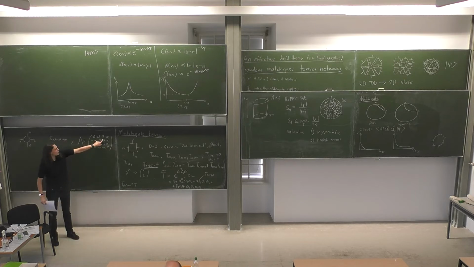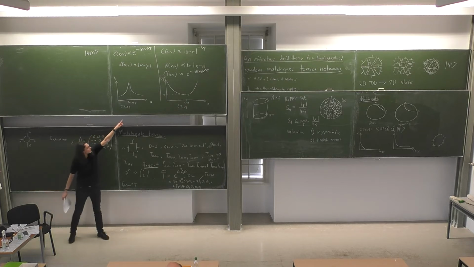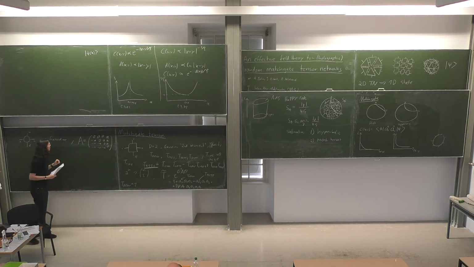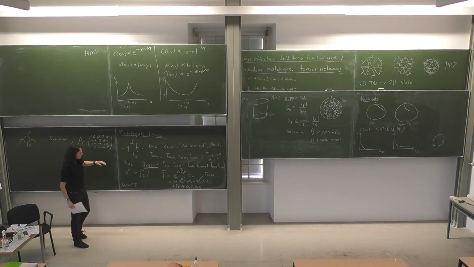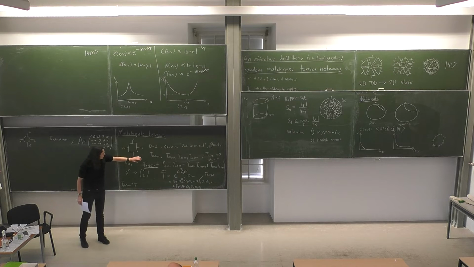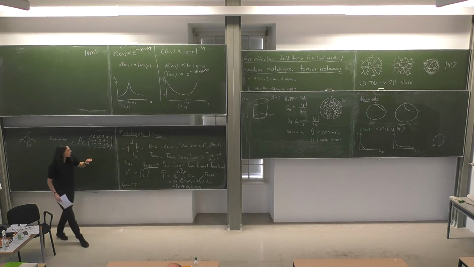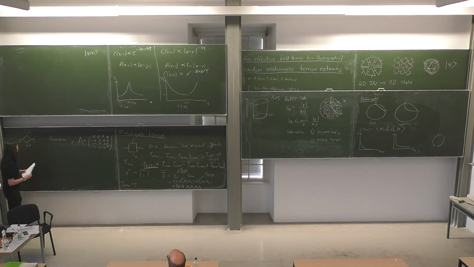This parameter is all that enters the tensor network, and it's exactly this. Now, if you want to encode a matchgate tensor network in terms of these Z2 tensors, all you need to do is to add weights.